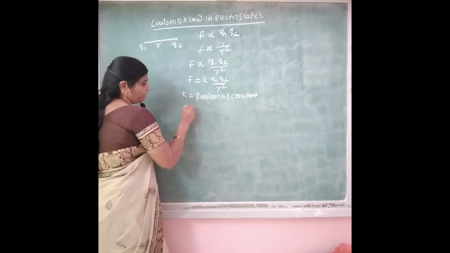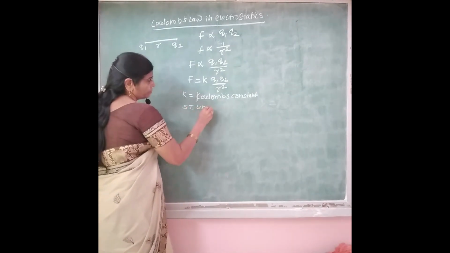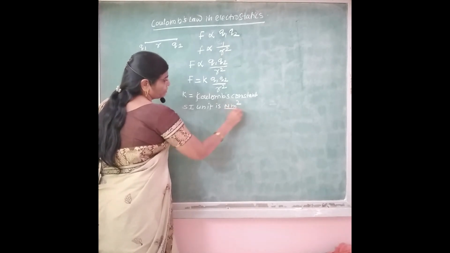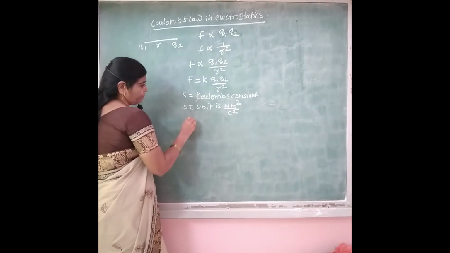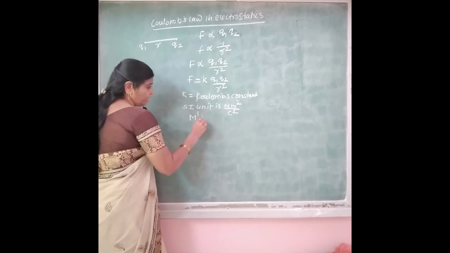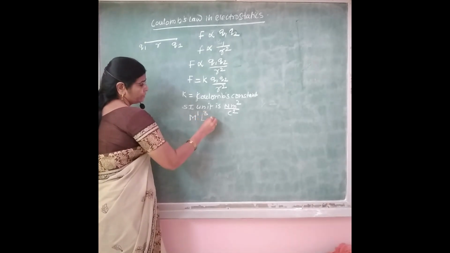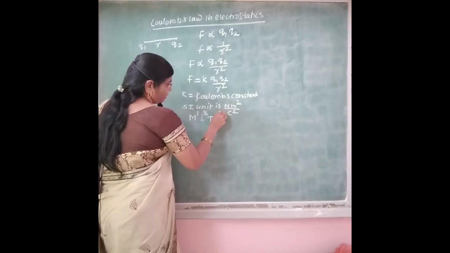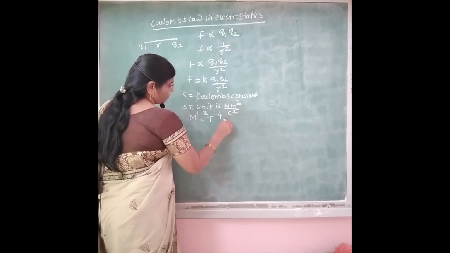Its SI unit is Newton meter square per Coulomb square, and the dimensions are M1 L3 T minus 4 I minus 2.